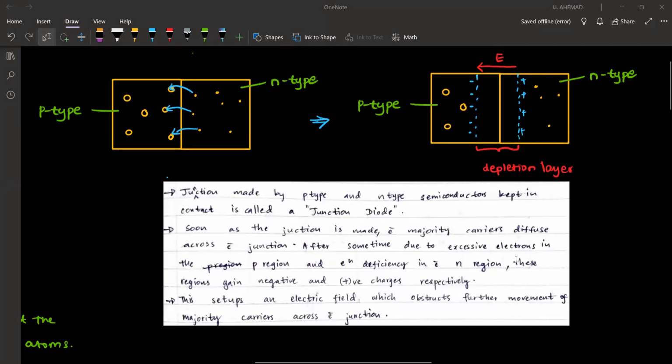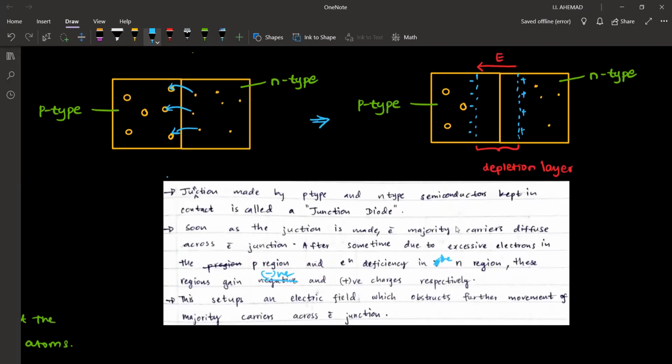After some time, due to excess electrons in the p region and electron deficiency in the n region, these regions gain negative and positive charges respectively. This sets up an electric field which obstructs further movement of majority carriers across the junction. Once you have noted, let me know.